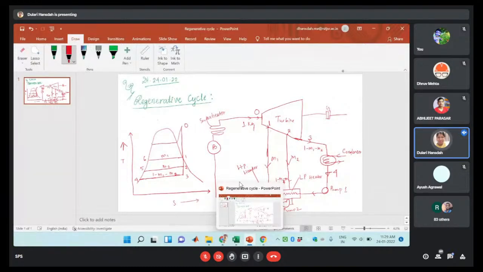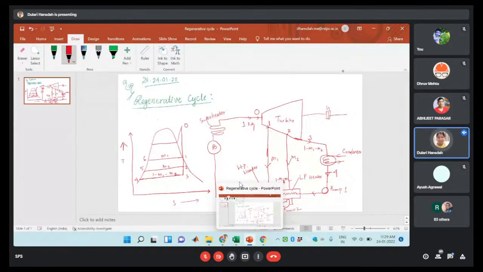All of you know that our main motto in the steam power plant is to increase the efficiency of the plant. So in that case, we are using different kinds of accessories like the superheater, economizer, air preheater. Okay.